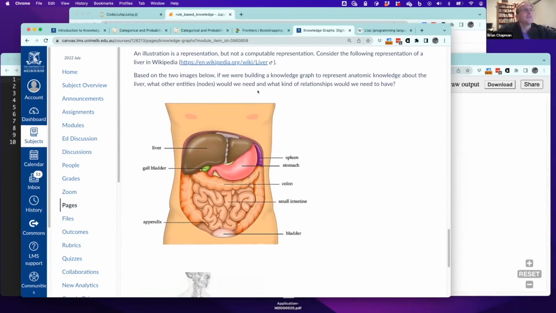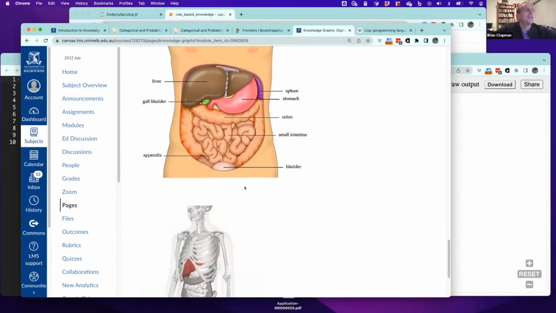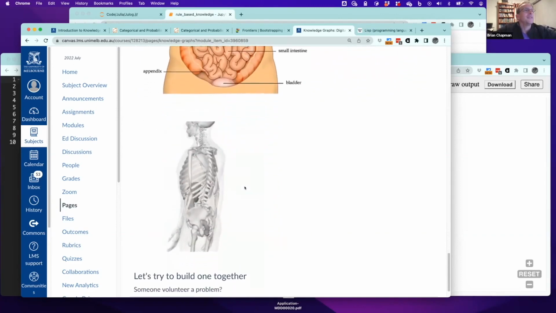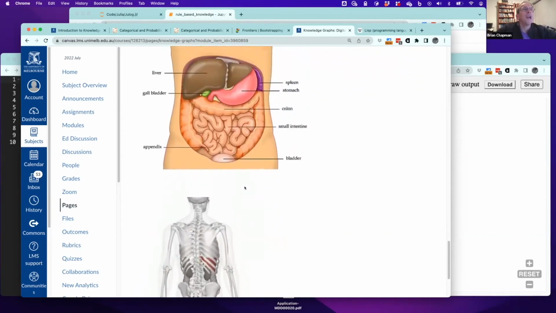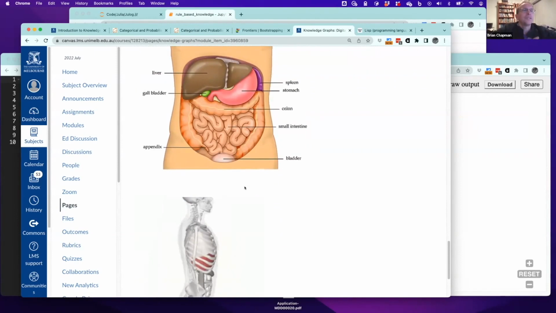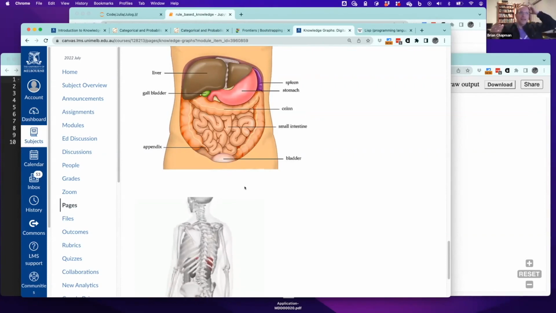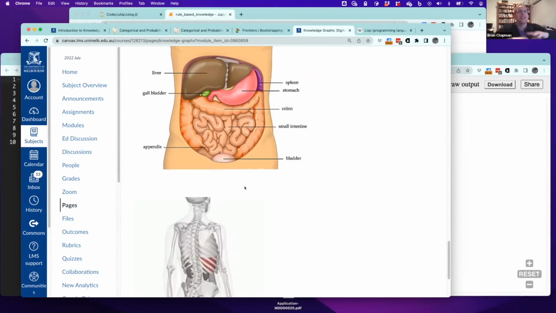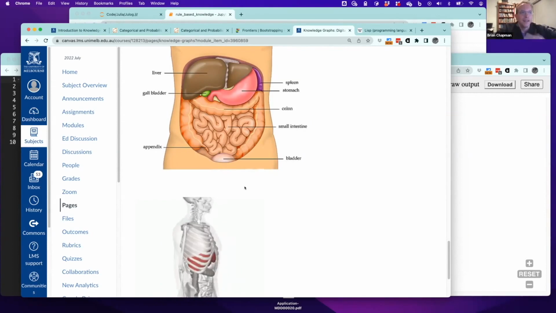I've got this little Wikipedia schematic here, and then this other one. What kind of relationships would we need for describing the anatomical context of the liver?